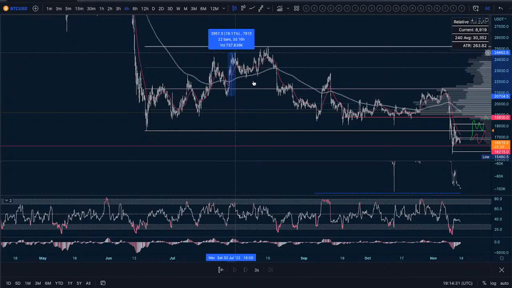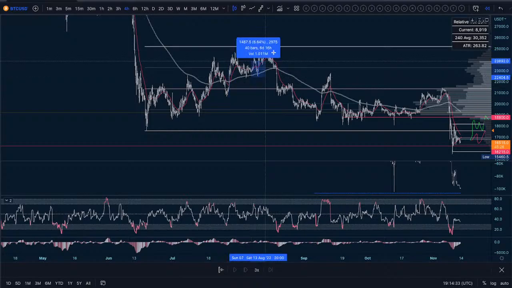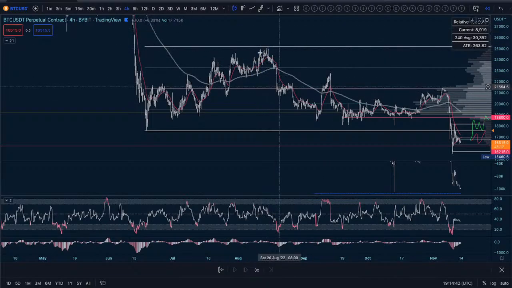This was 20 again. So rotations are like every 20%, right? This one, the last leg, was 12%. So I was aiming for these 10 to 20% moves.